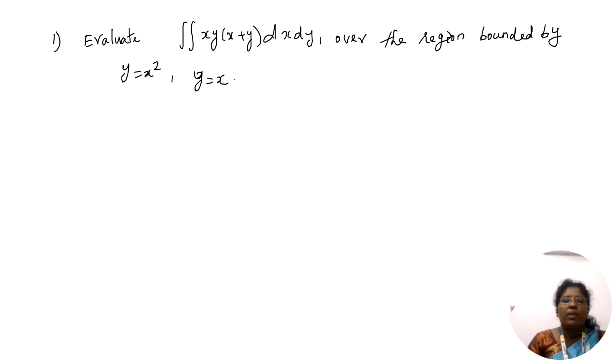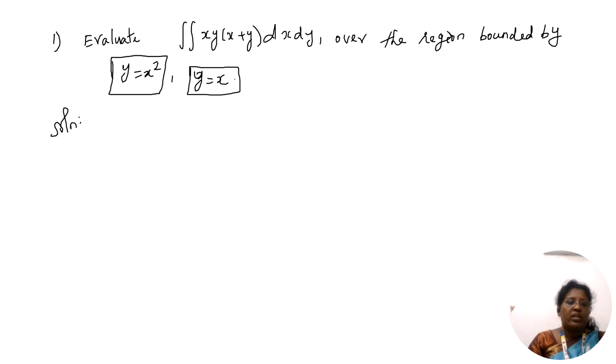So in this problem they have given the region of integration bounded by one curve, y is equal to x square, which is actually a parabola, and one straight line, y is equal to x. To evaluate this double integral, first we need to find the limits.